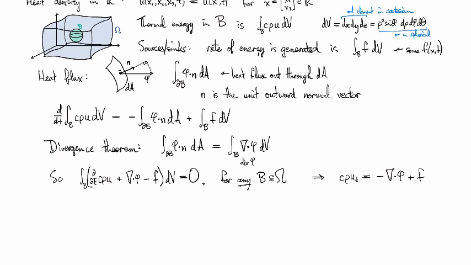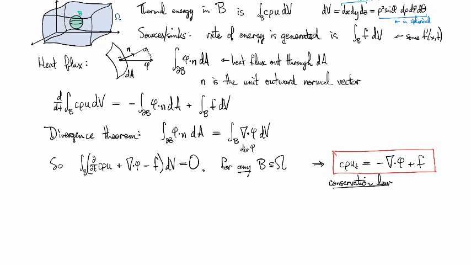All right, and so that is our conservation law for the heat equation in Rn. And all that remains now is to change phi into something having to do with u.